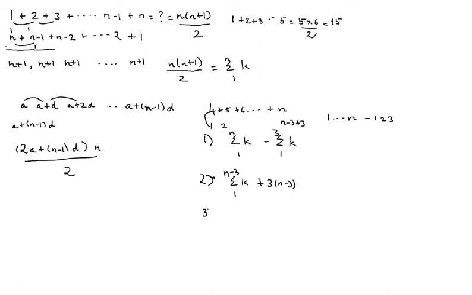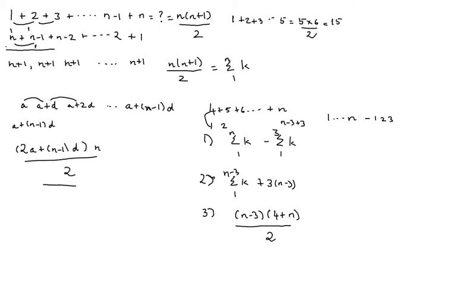Third way in which we could do it is using the arithmetic progression concept, right? That your sum is going to be the number of numbers, which are n minus 3, into the first term, which is 4, plus the last term, which is n, the whole thing divided by 2.